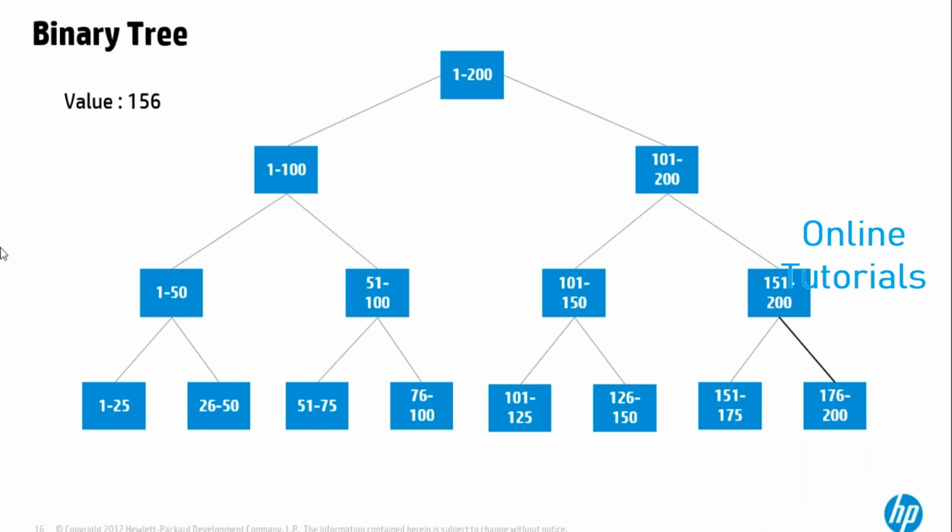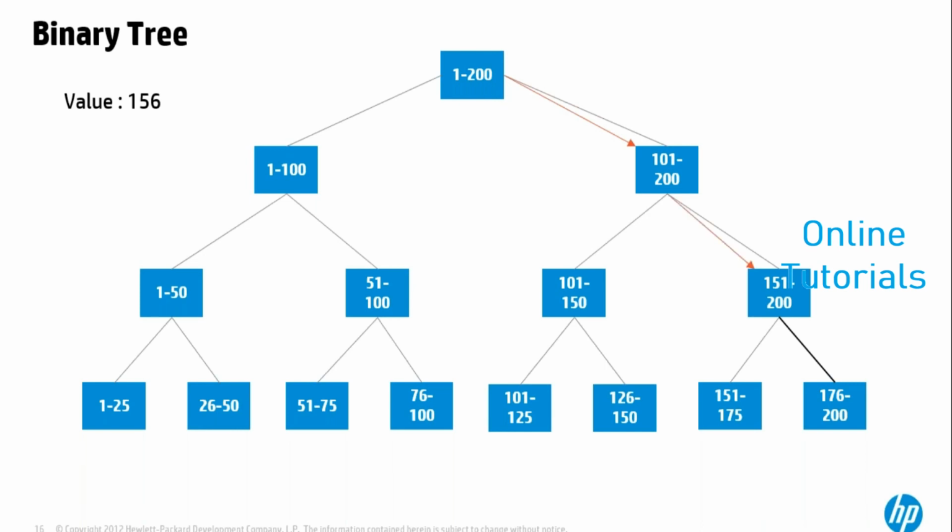If I want to search the value, select star from table where ID equals 156, what will it do? First it checks where 156 exists. It exists on the right side, so it goes right.